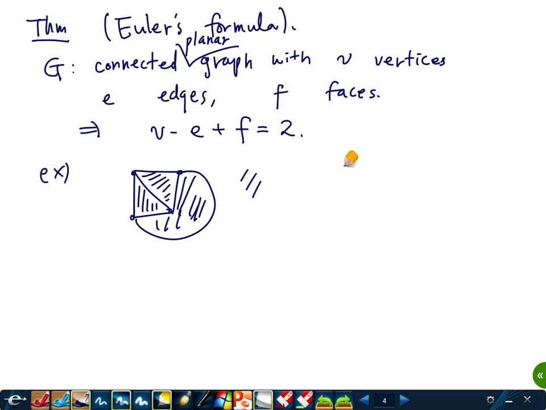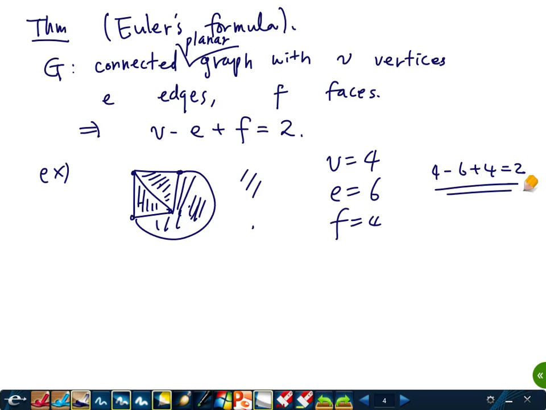So in this case, V equals 1, 2, 3, 4. E equals 1, 2, 3, 4, 5, 6. F equals 4, like we counted 1, 2, 3, and 4, including the outer region. And V minus E plus F is 4 minus 6 plus 4, which is 2. And this is always true for a connected planar graph.